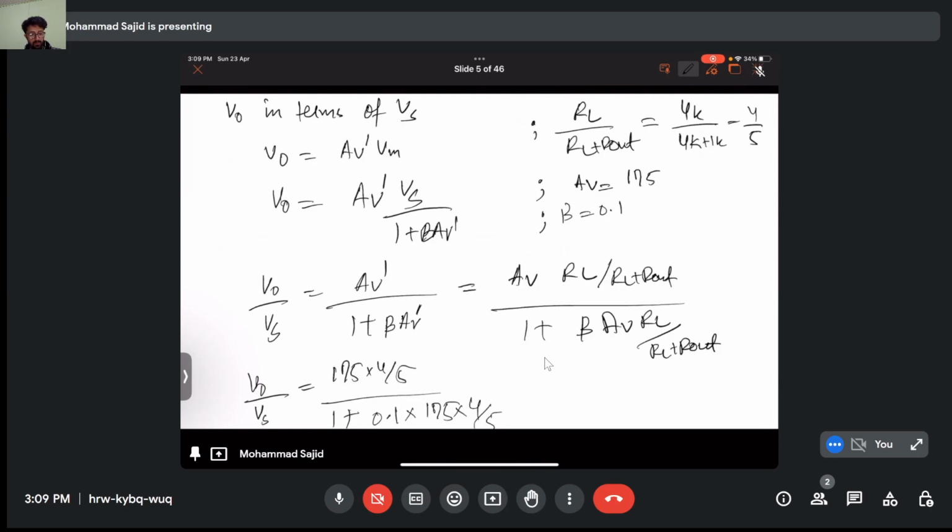If you go on solving this, you will find V0 by Vs as 9.33. Okay, so this is how you do the questions with the feedback networks. Voltage gain is reduced by this factor 1 plus A times beta.